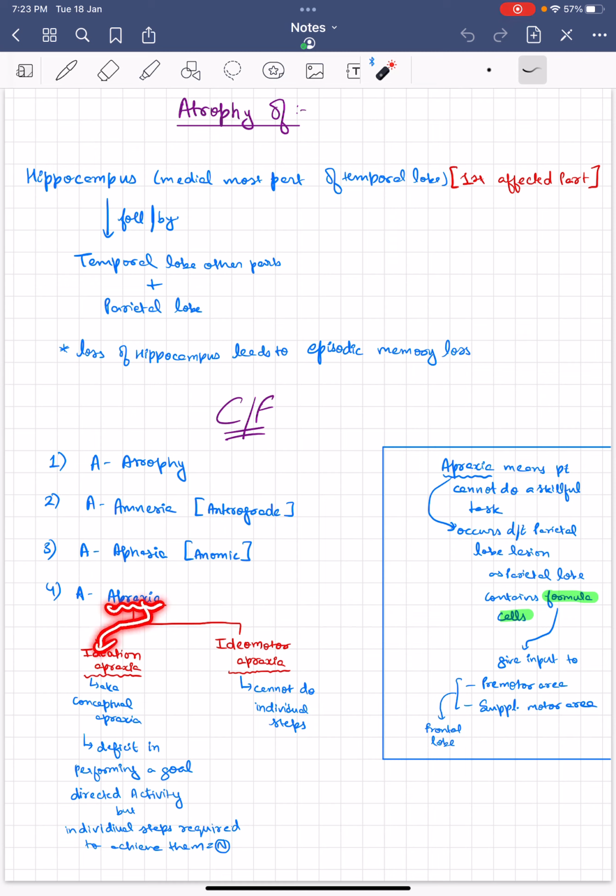Apraxia, ideation apraxia, ideomotor apraxia. So, ideomotor apraxia and ideation apraxia. How do you remember this?